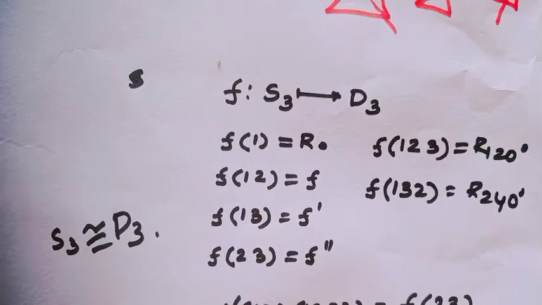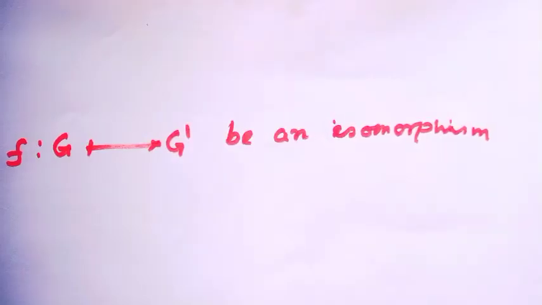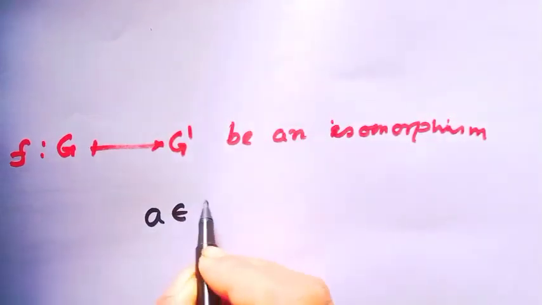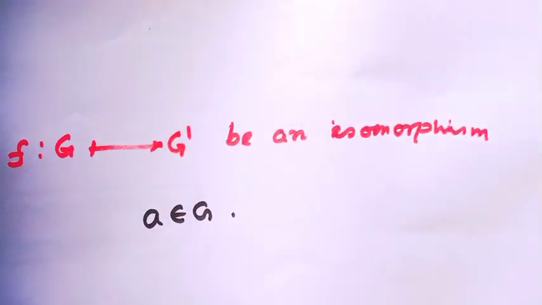Well, let's see some properties of isomorphism. Since isomorphism is a homomorphism, it will satisfy all properties of homomorphism. Let's consider a mapping f from G to G prime. The idea is to pick an element a from capital G, then apply f using the isomorphism.